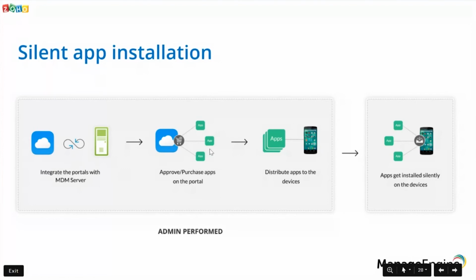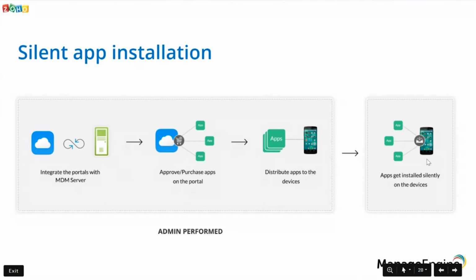Once you've done this, the apps will be automatically added to your app repository because of the integration that would have taken place earlier. Now that you have your apps on the app repository, you can go ahead and distribute them to your different groups and devices, after which they will get automatically installed on the devices with no action or prompt from your user.